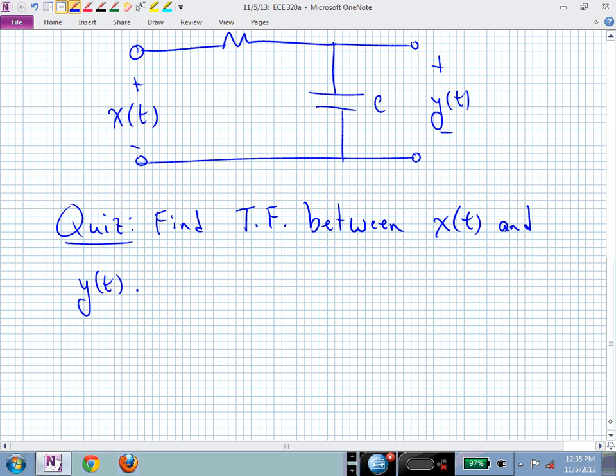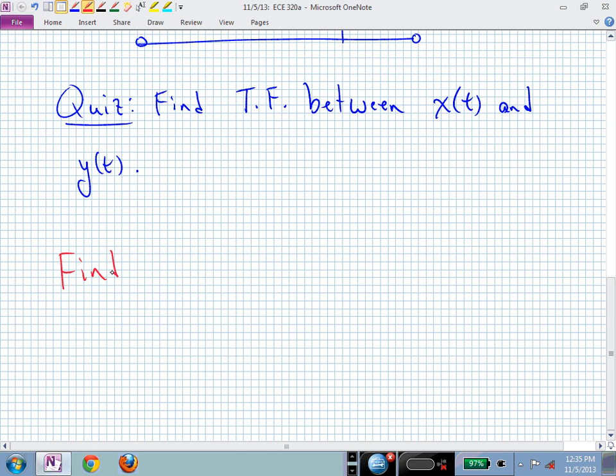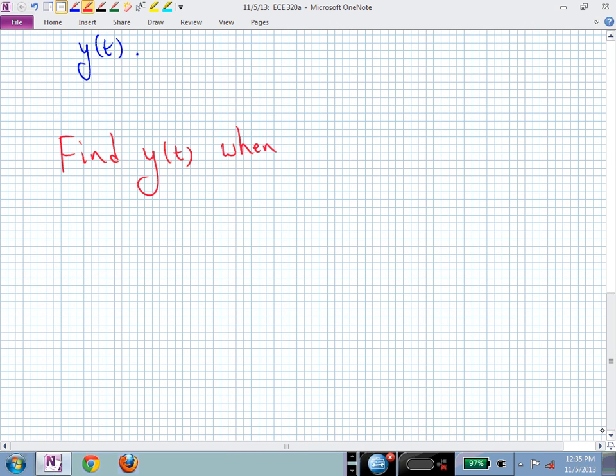But what if I now said, okay, here's your next step in this progression of analysis. Can you now find y of t? Let me give you a couple of different possible inputs. Maybe I say, find y of t when the input x, and I'll call it x sub 1 because I'm going to have a second input, is this.